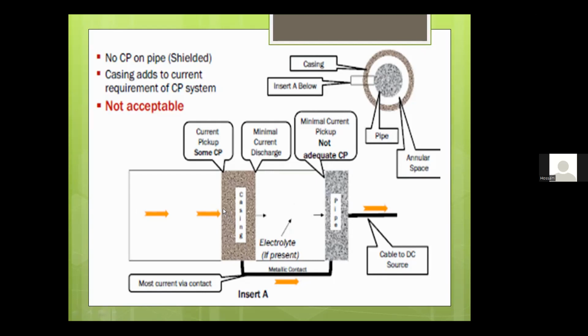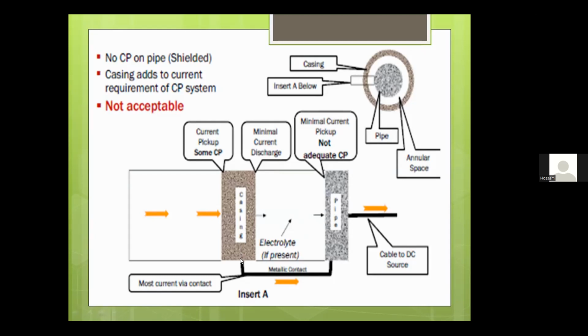The cathodic protection current will be picked up by the casing surface, and then the current has two options. If electrolyte exists here, the current will discharge from the casing to the electrolyte, then be picked up by the pipe surface.